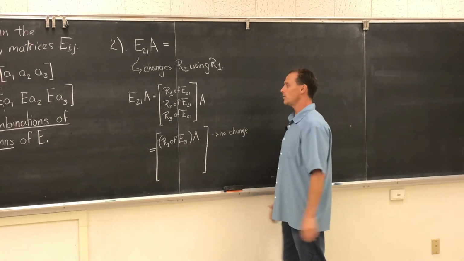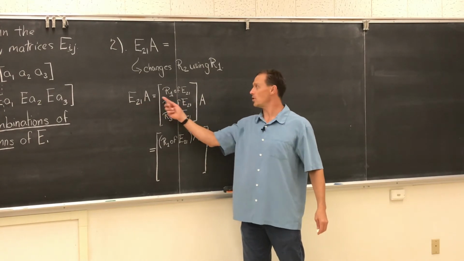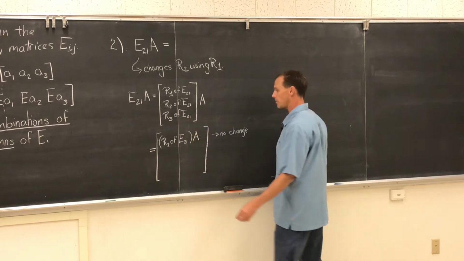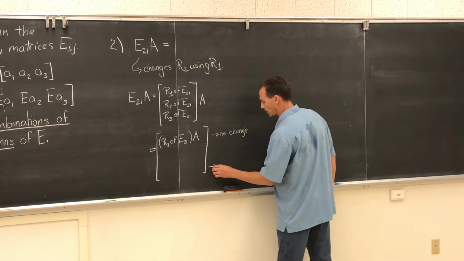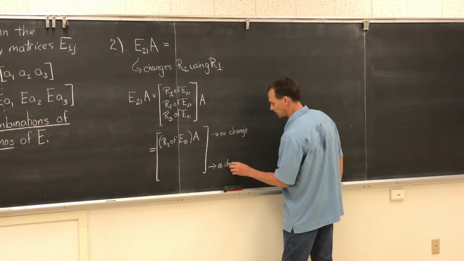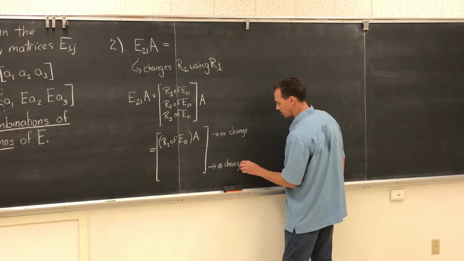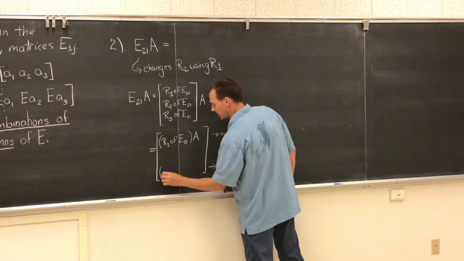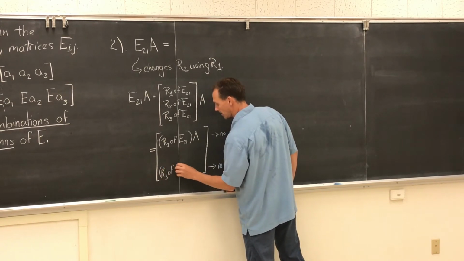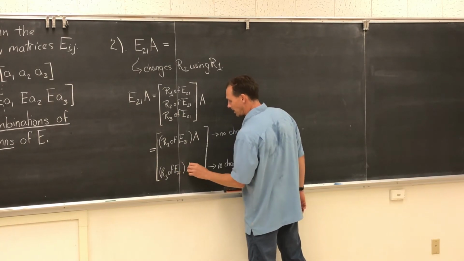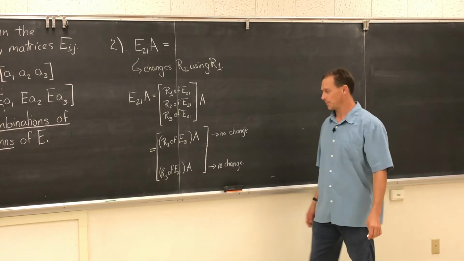Okay, so this matrix does no row operations on the first row of A, nor does it make any row operations on the third row. That was because we had 0, 0, 1. And so row 3 of E21 times A created no change at all.